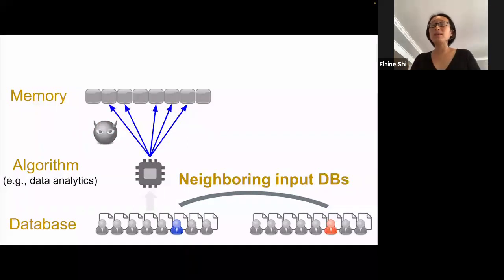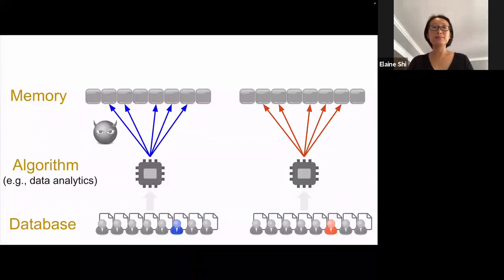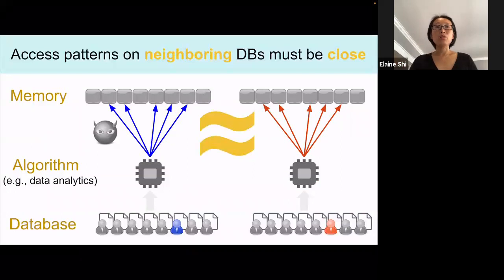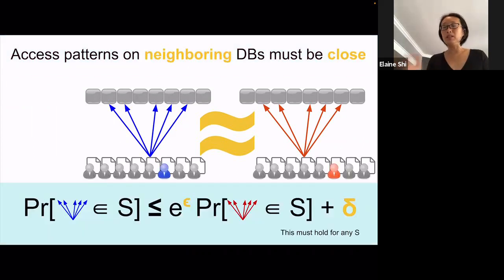And I'm going to run the same algorithm on this neighboring database, and I see some other access patterns. We want that the distribution of the access patterns on any two neighboring databases be close. Specifically, I have to tell you how to define closeness. And essentially, we adopt the same closeness notion as in the differential privacy literature, basically as shown in the equation on the slide.